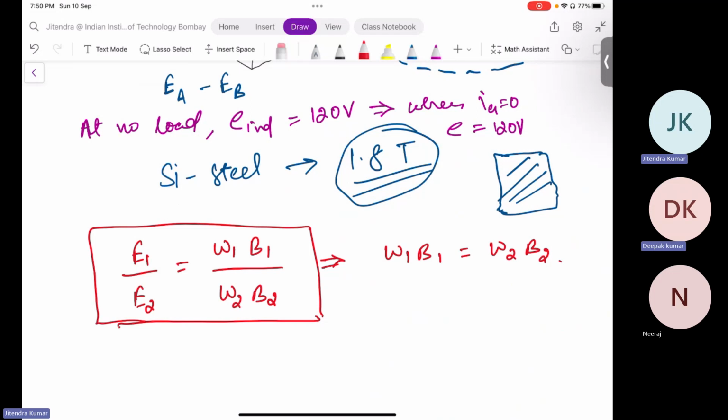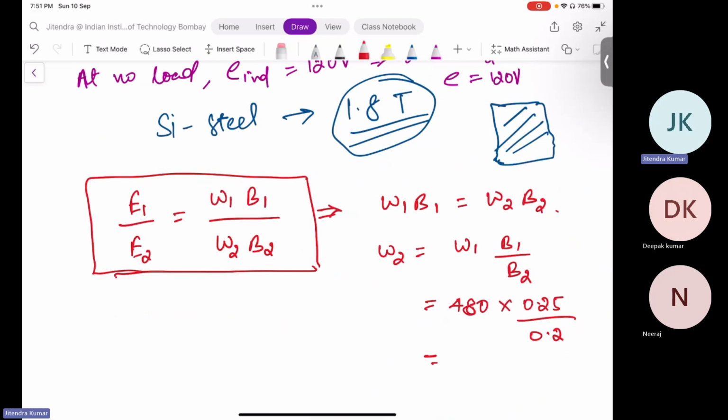How did I write this expression so conveniently? Because at no load E1 and E2 will be equal. Now omega 2 is equal to omega 1 into B1 by B2, and omega 1 was 480, B1 was 0.25, B2 is 0.2.